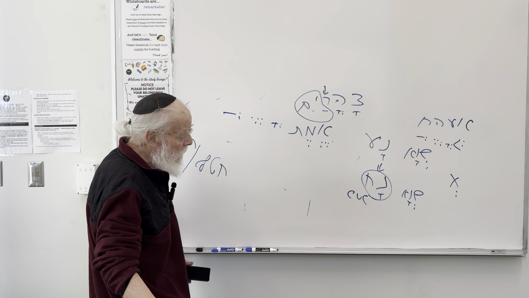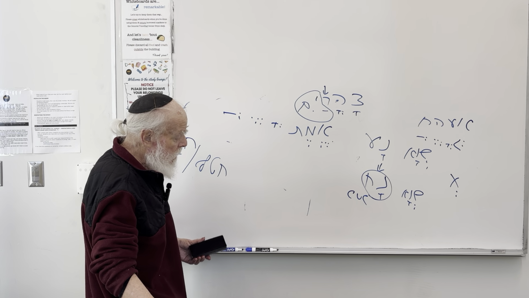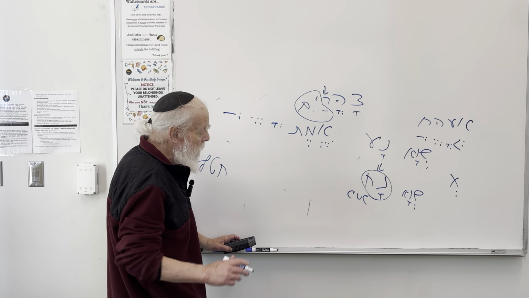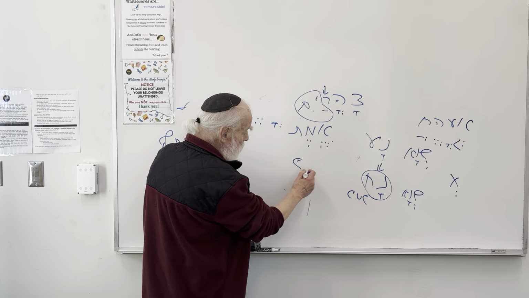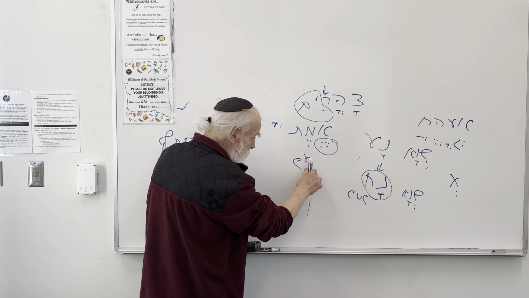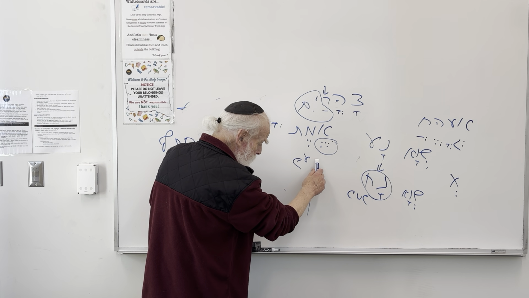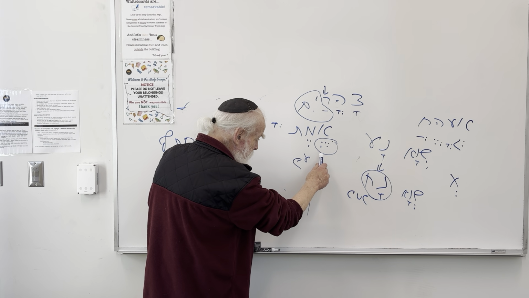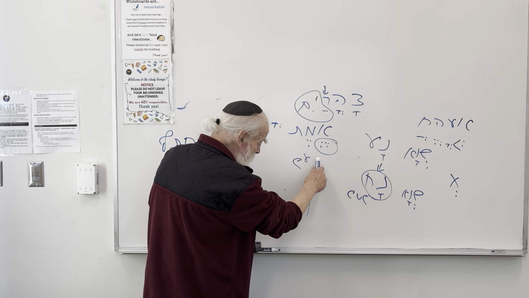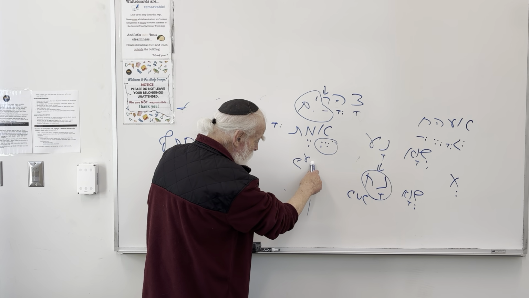Now we're going to take the shvana and replace it with the hataf segol. And so to syllabicate this word, you have the consonant aleph, you have the hataf segol treated as a shvana, where the shvana cannot be taken by the original letters, the hatafim replace it, and the hatafim are represented by the letter ayin.